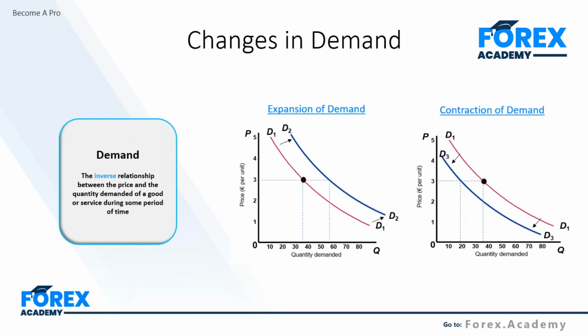So an expansion of demand is very similarly a large increase in demand for a product. What we see effectively is the demand curve D1 shifting to D2. Expressively, what that means is, well, if there's more demand for that good or service or financial asset, well, there's more quantity demanded.